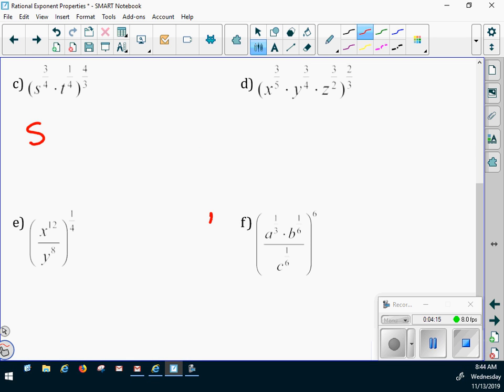Then we have t to the 1/4 times 4/3, which is 1/3. Right, 2/6, which simplifies to 1/3. Question. What's raised to the 1/3? The s or the t? Just the t. Just the t.